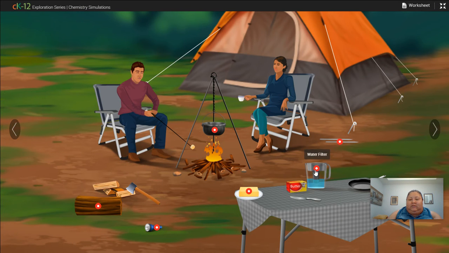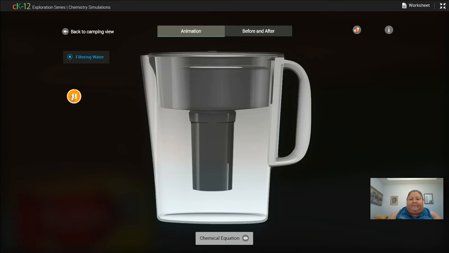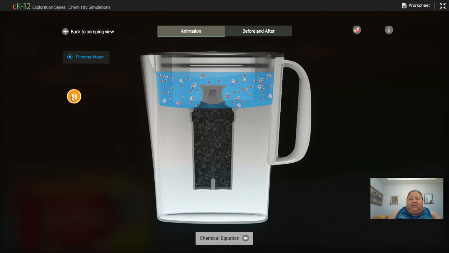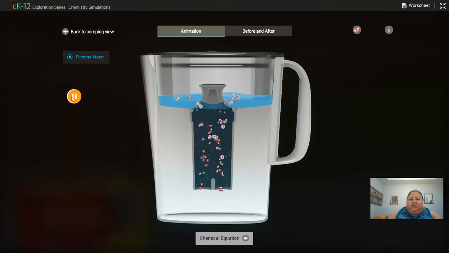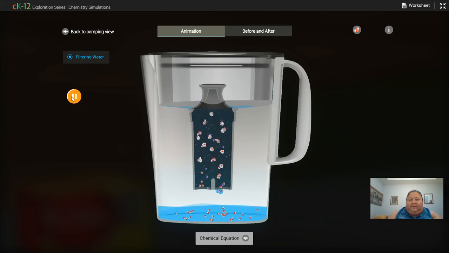What about this one? This will be the last one we cover. So we fill it with some water. You notice it's obviously going to go through the filter. All the yucky stuff will stay in the filter while everything else, all the good water, is now free.